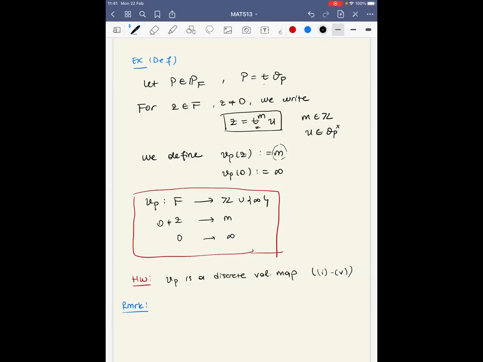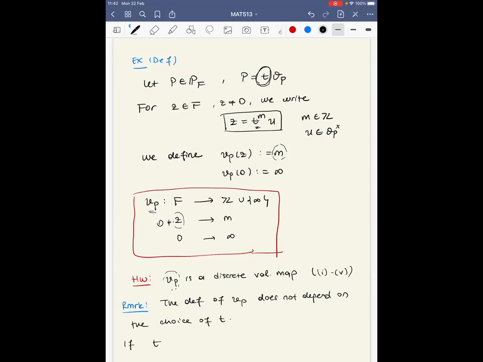And here let me note that the value of v_P of z is independent of the choice of the prime element we consider for t. The definition of v_P does not depend on the choice of prime element t.